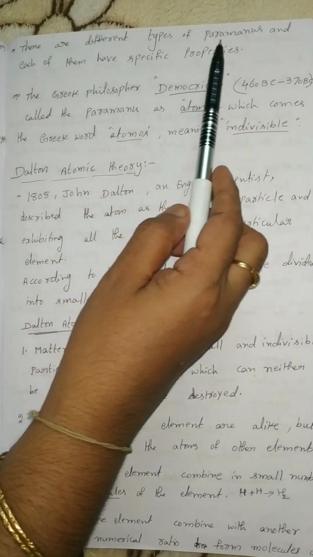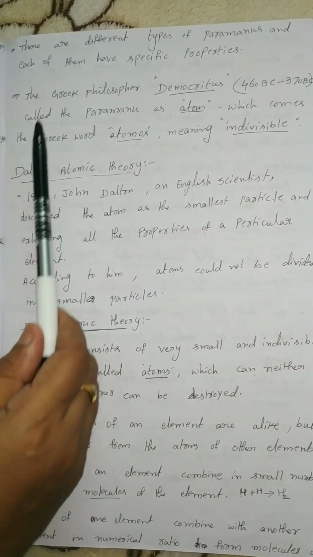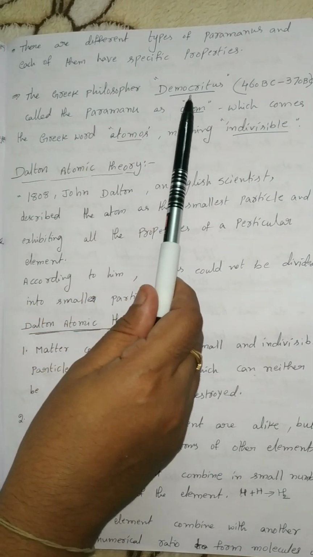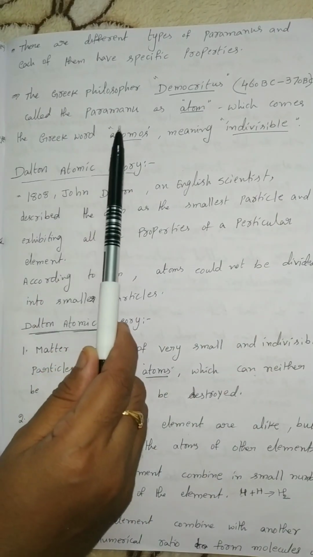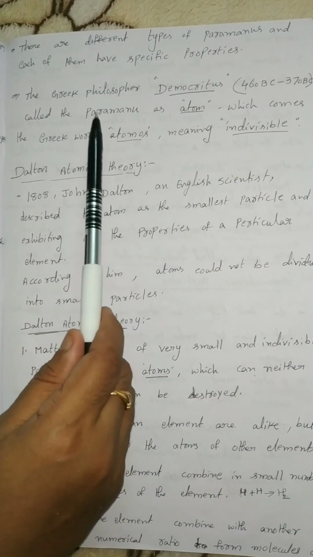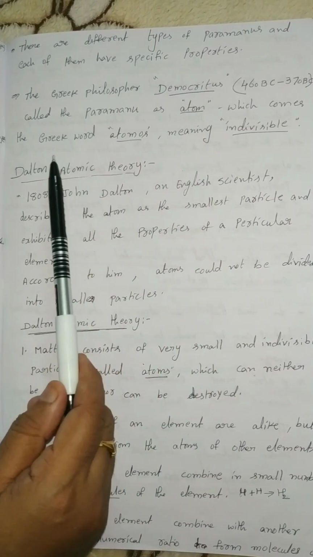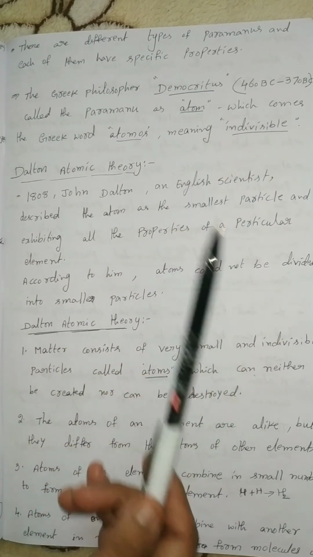There are different types of paramanus and each of them has specific properties. The Greek philosopher Democritus, 460 BC to 370 BC, called the paramanu as atom, which comes from the Greek word atomos, meaning indivisible.